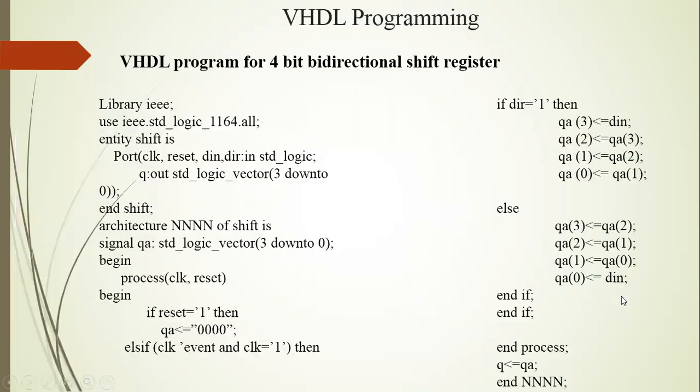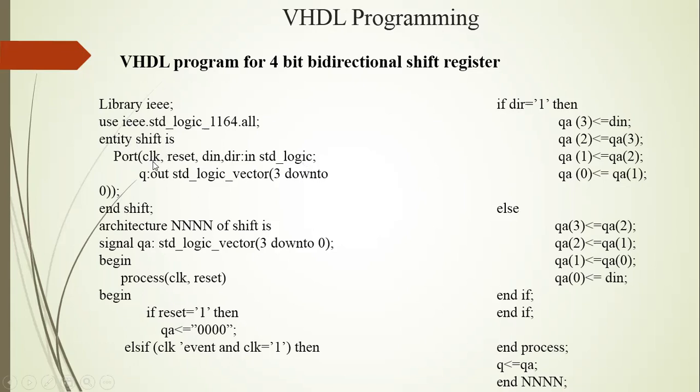And next, the VHDL program for this 4-bit bidirectional shift register. The first line is library IEEE. Then you mention use IEEE.std_logic_1164.all, the name of the package, which contains the standard logic data type. The name of the entity is shift, port clock, reset, din, dir in standard logic.